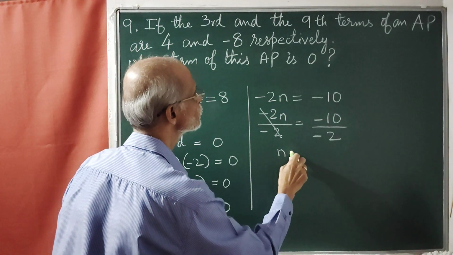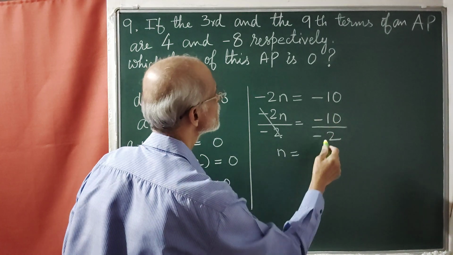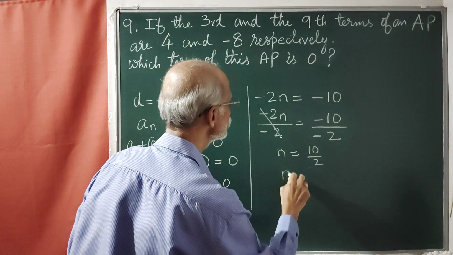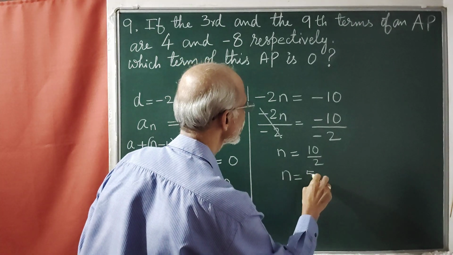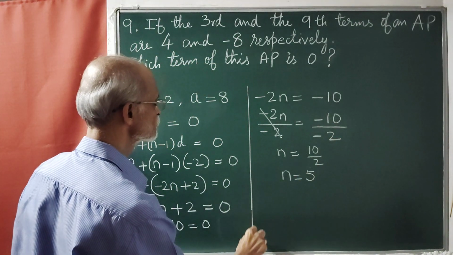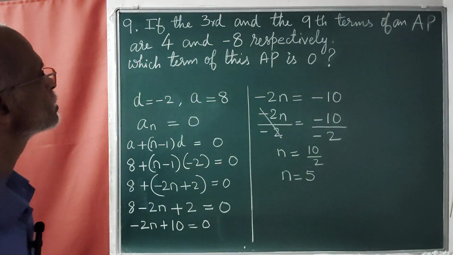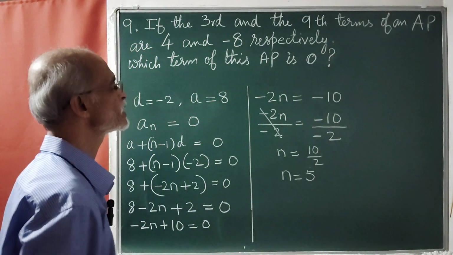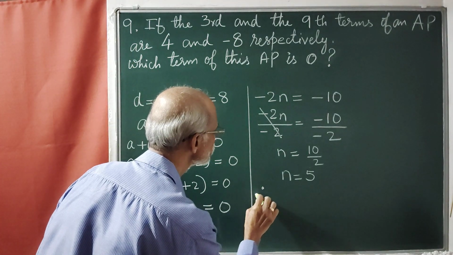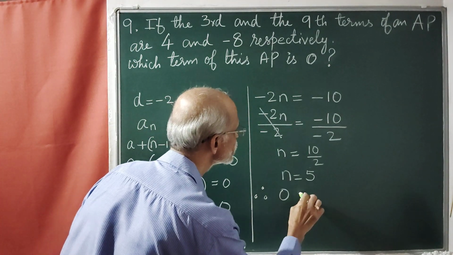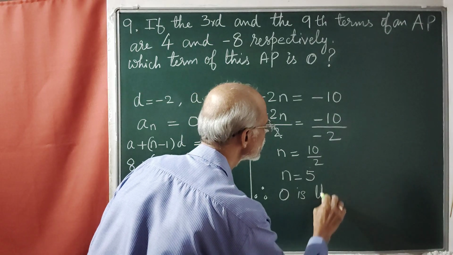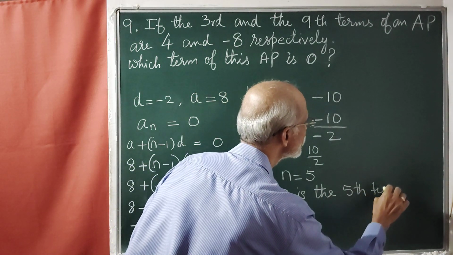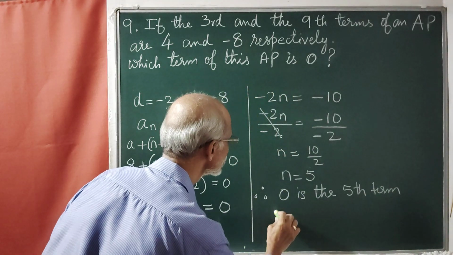So n will be equal to, minus got cancelled there. So 10 by 2. So n will be equal to 5. So 0 is the fifth term of the AP. Therefore, 0 is the fifth term of the AP.